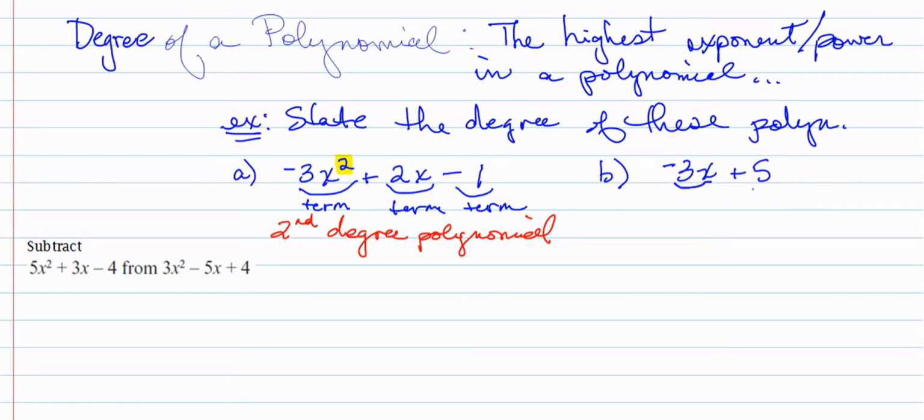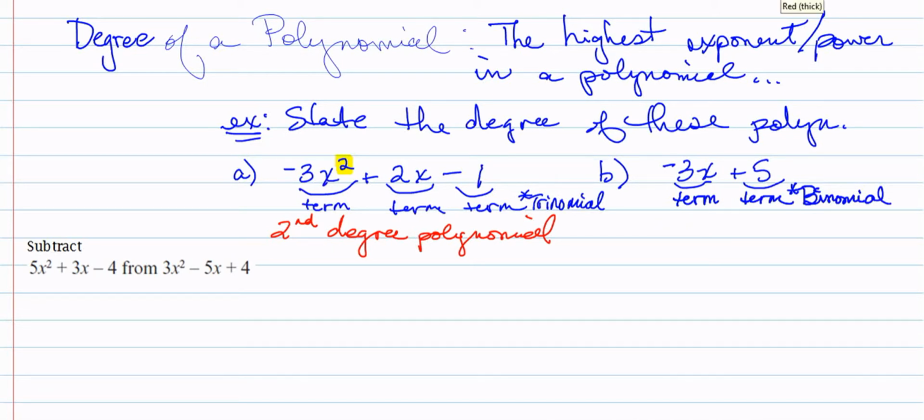I don't know, I'm liking the negative 3s today for some reason. Here's my 2 terms, which means this is a binomial, right? By the way, I should label this first one a trinomial. So this got 2 terms. Here's the first term, second term, which makes this guy a binomial. And so what degree is it?